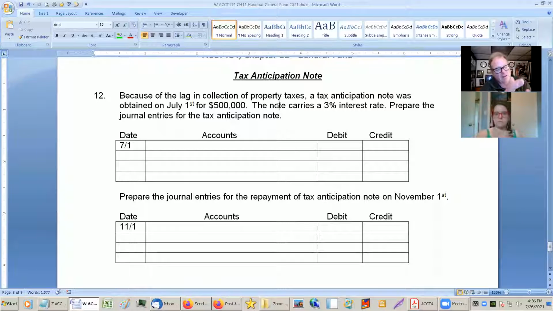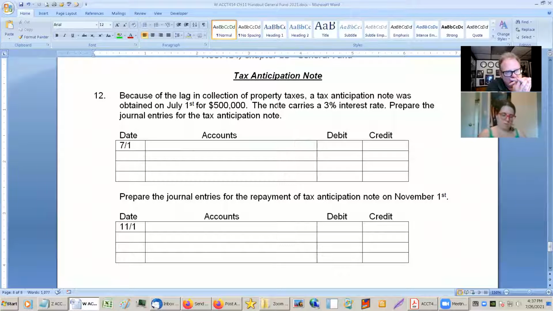So they have this big asset of all this money they're going to collect in the future, but they haven't collected anything yet. And so a lot of times they'll go to the bank and get this tax anticipation note. And usually these have a fairly low interest rate because it's sure money, backed up by the property taxes, which legally you must pay. So they're usually fairly secure notes, and they don't usually have to pay very much in interest on it.